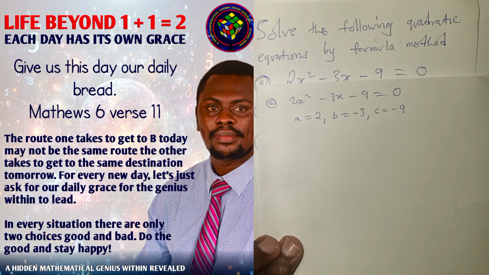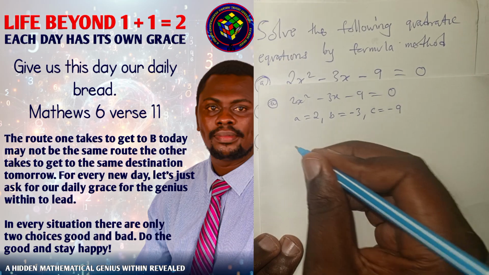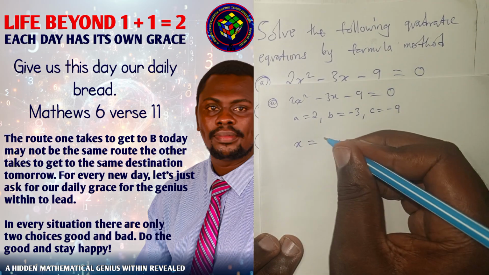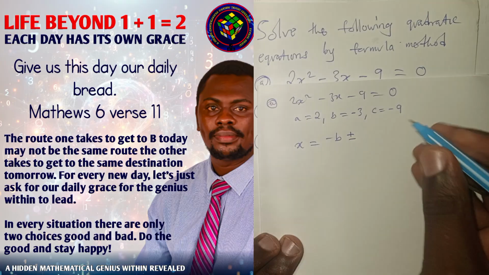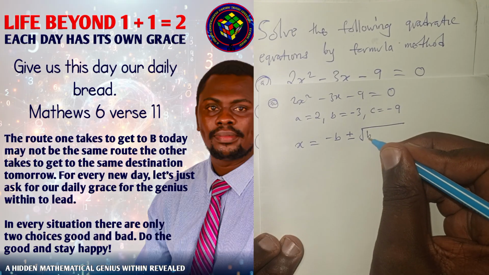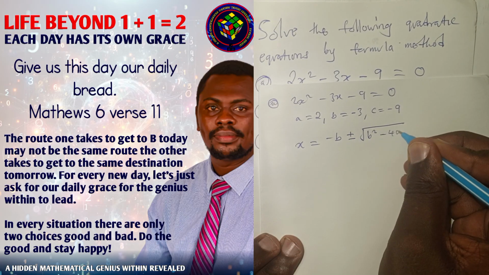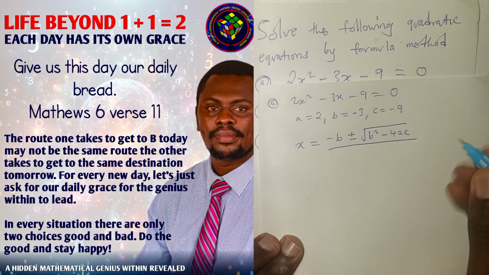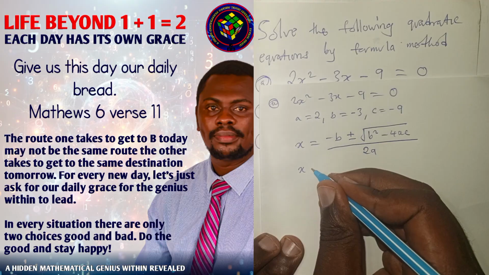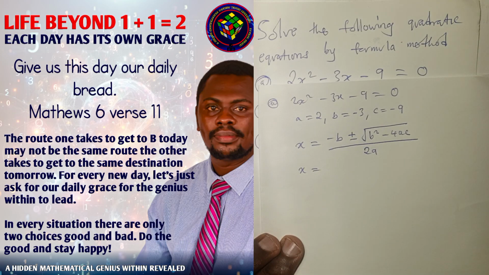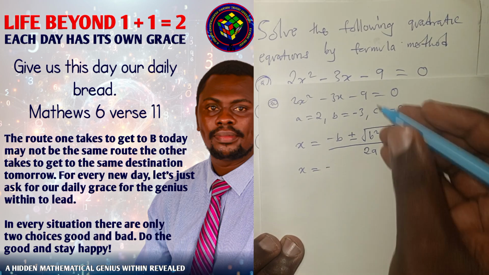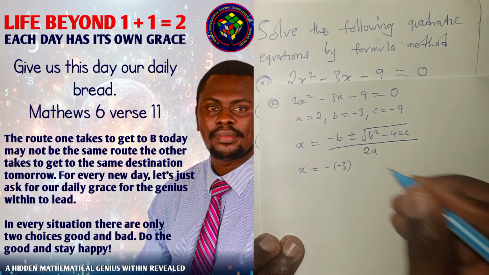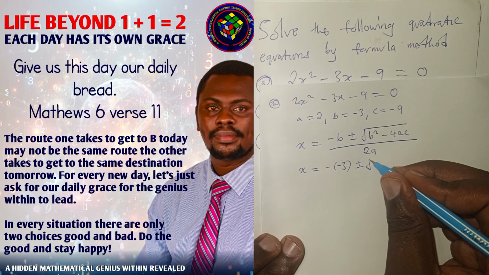Okay, then we go to the formula. So x is equal to minus b plus or minus the square root of b squared minus 4ac over 2a. Where there is b, we have negative 3, so we have minus negative 3 plus or minus the square root.